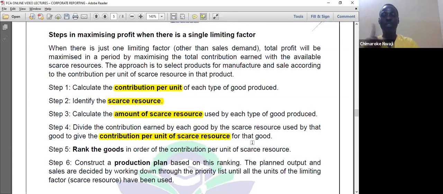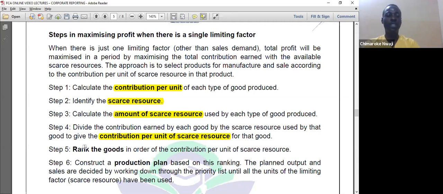In fact, contribution per unit of scarce resource is far more important than contribution per unit, because something can give a higher contribution, but when it comes to the scarce resource, it could be giving the lowest contribution per scarce resource. So don't get it twisted. Contribution per unit is important, but when you are looking at limiting factor, contribution per scarce resource is more important.